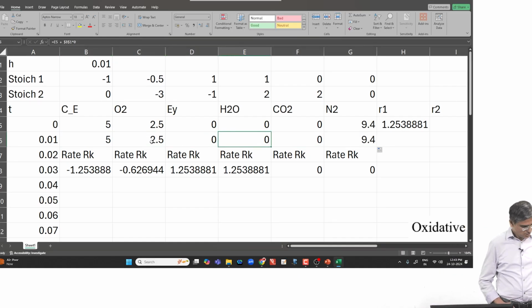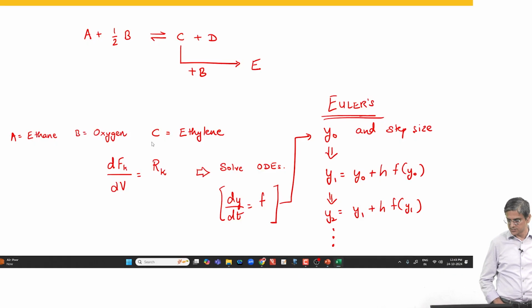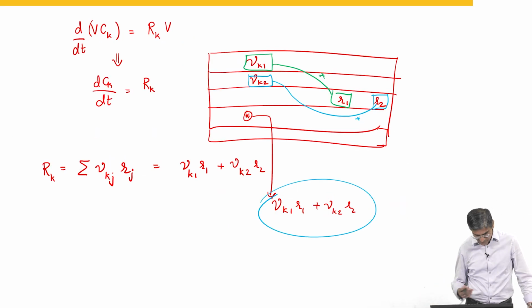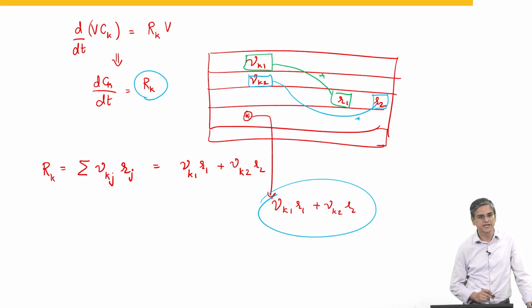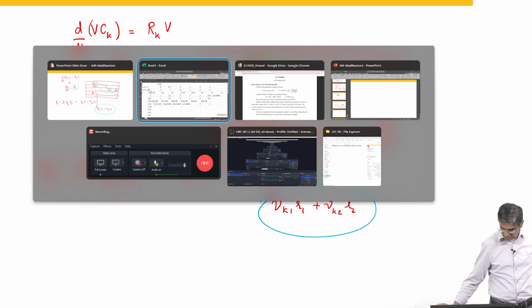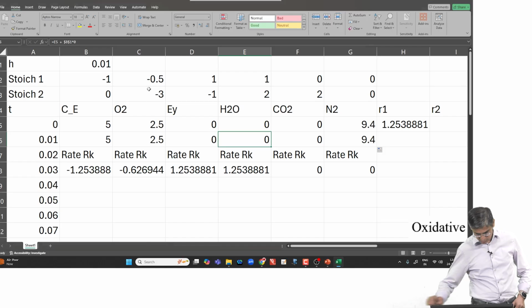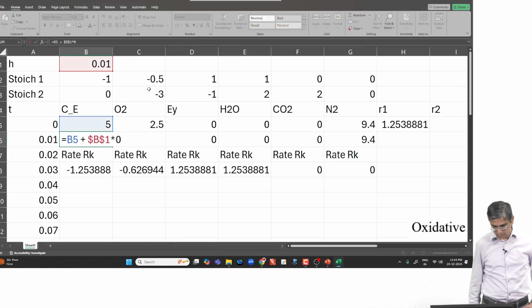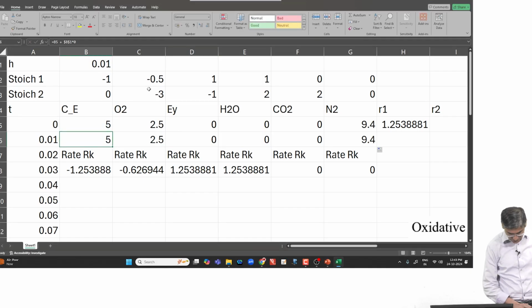Now, what is our f of x? Our f of x is nothing but Rk. What do we mean by that? That 0 that we put over here has to be replaced by this guy.